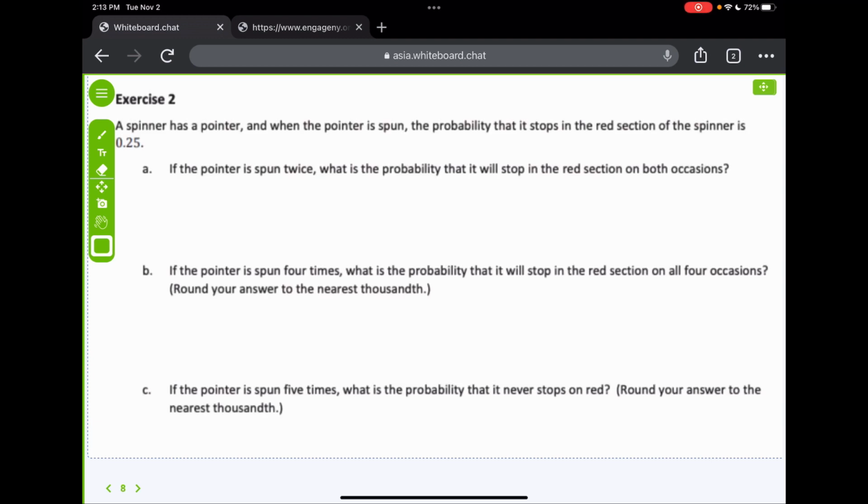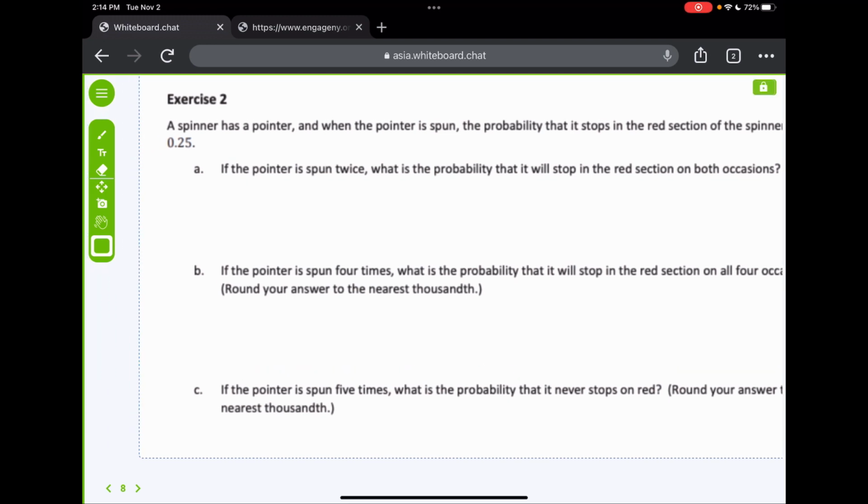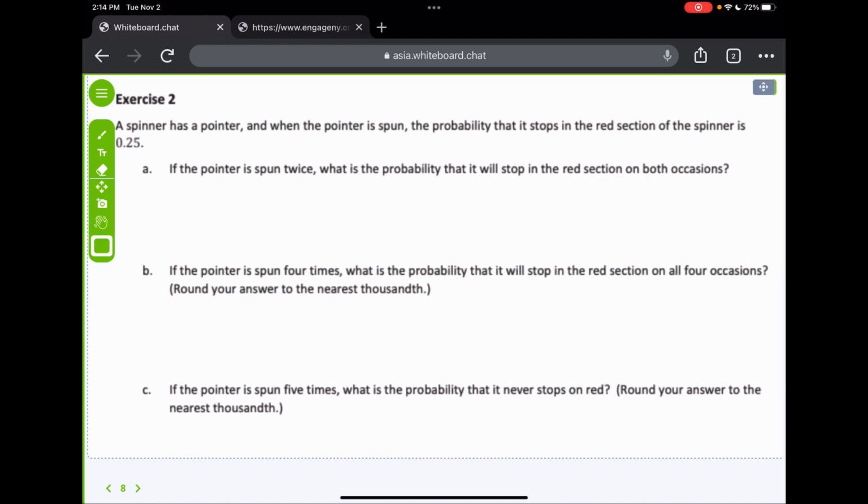Okay. Exercise 2 says, a spinner has a pointer, and when the pointer is spun, the probability that it stops in the red section of the spinner is 0.25. So, if the pointer is spun twice, what is the probability that it will stop in the red section on both occasions?